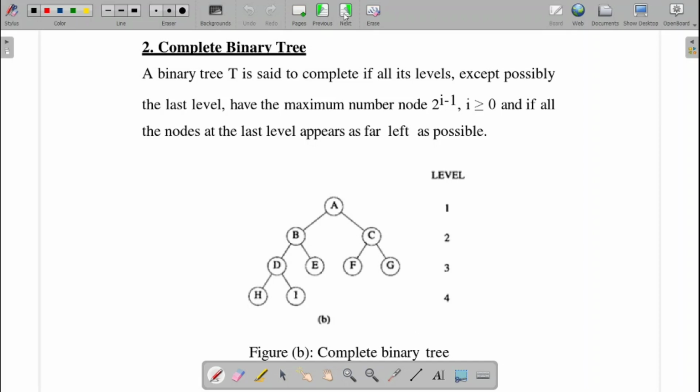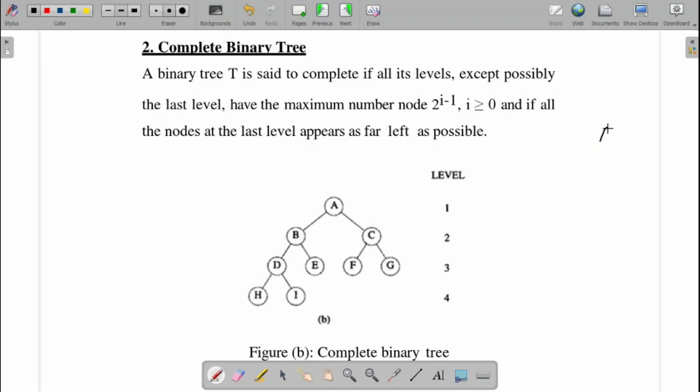The next type of tree is a complete binary tree. As I told earlier, in a binary tree the maximum number of children is 2. That is, we have the option of having 0 children, one child, or two children.